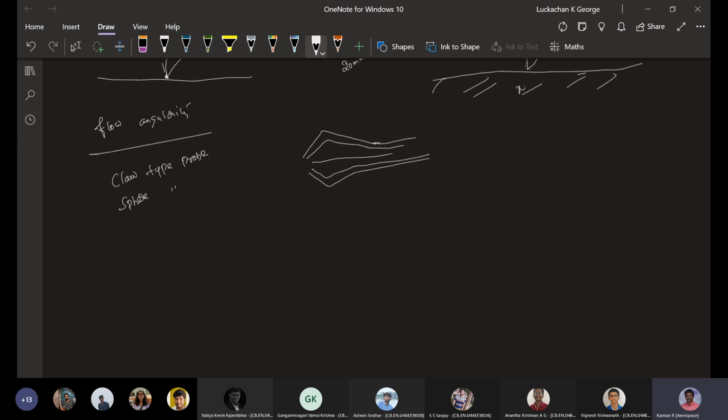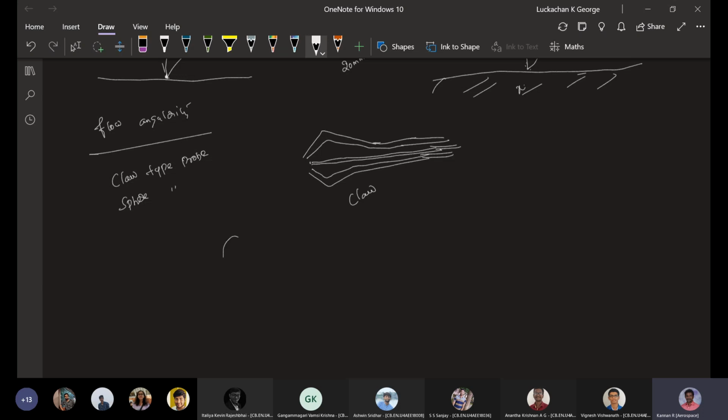Sometimes they use three probes also. So this is a kind of a claw type probe.